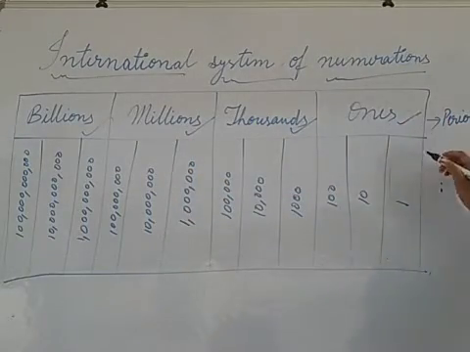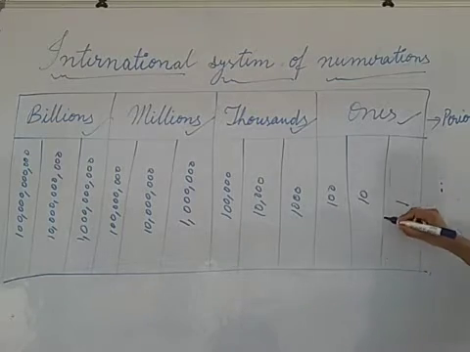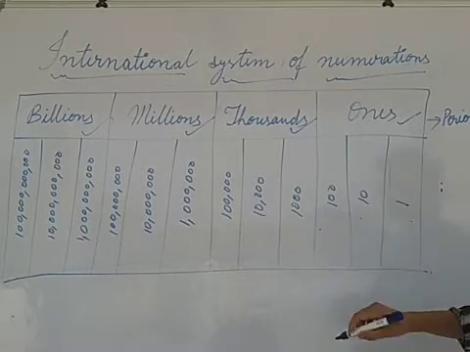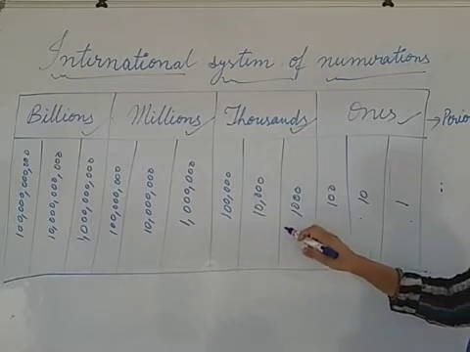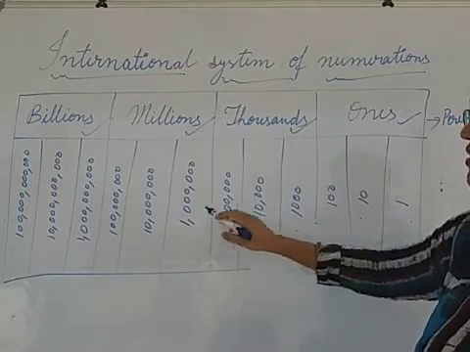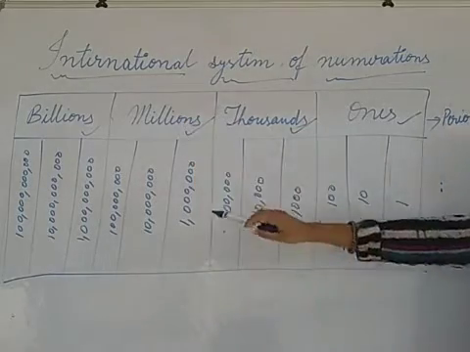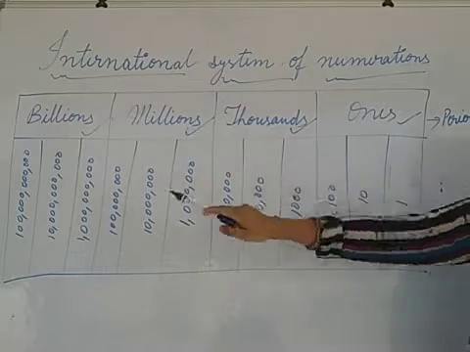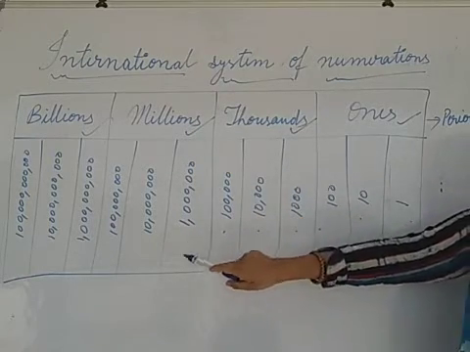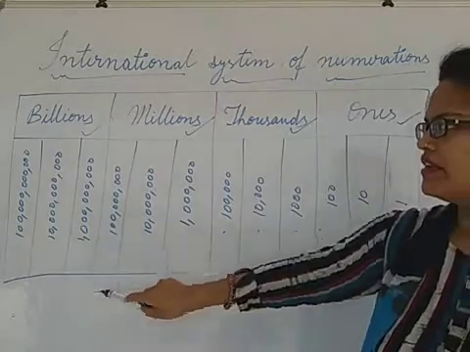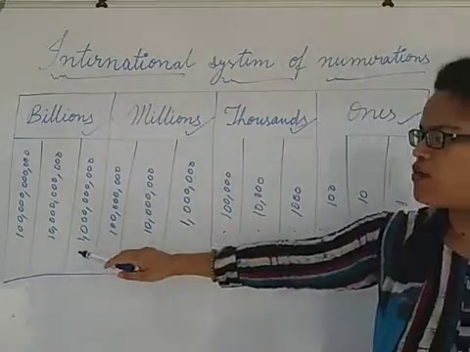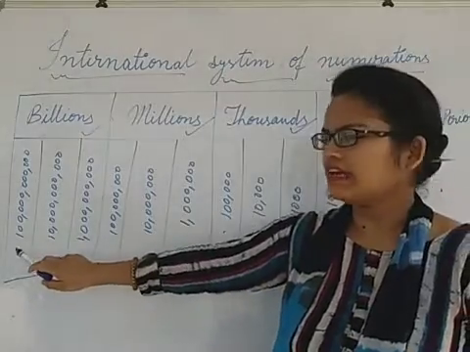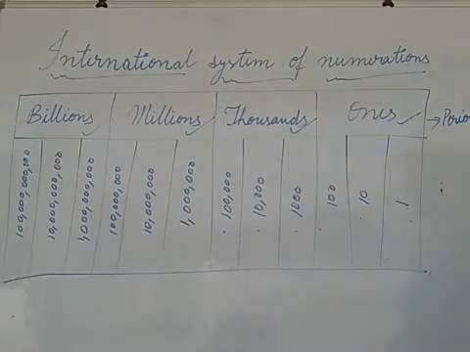In the ones period, places are ones, tens, hundreds. In the thousands period, places are 1,000, 10,000, 100,000. In the millions period, places are 1 million, 10 million, 100 million. In the billions period, places are 1 billion, 10 billion and 100 billion.